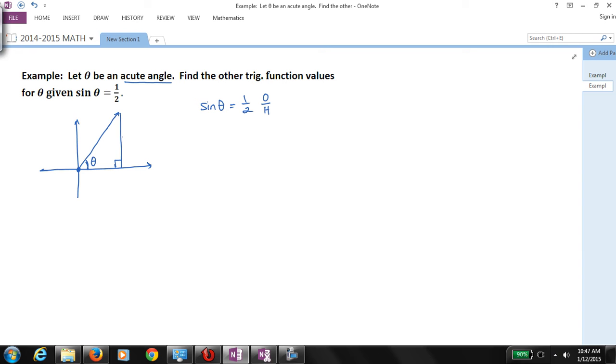So directly across the theta, that's 1. The hypotenuse is 2. Again, this one's the opposite, this is the hypotenuse, and this is going to be the adjacent. And again, to find that, use the Pythagorean theorem.